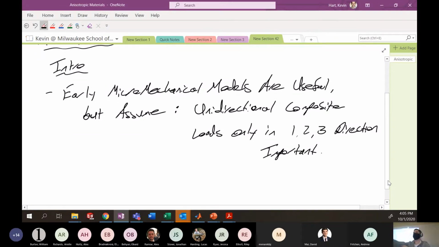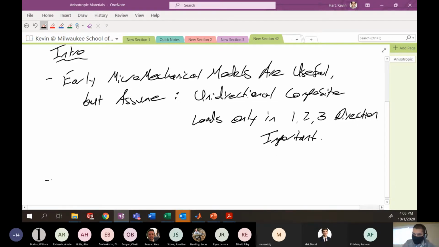Okay. So what we want to do over the next probably 2 weeks is talk about how we can define the elastic modulus in some arbitrary direction with a material that behaves differently depending on the direction you're loading it. That's what we want to do over the next few weeks.